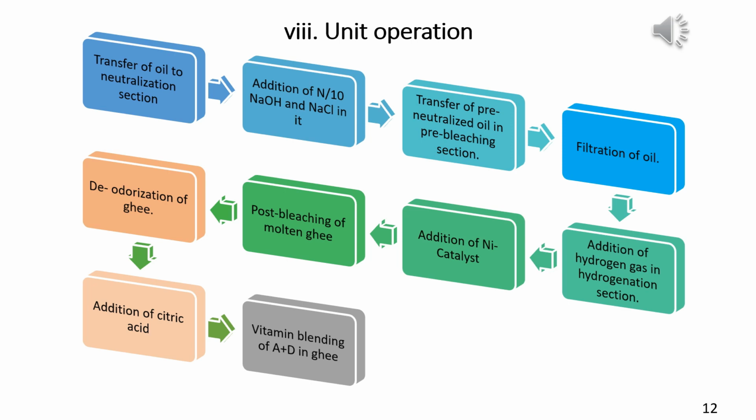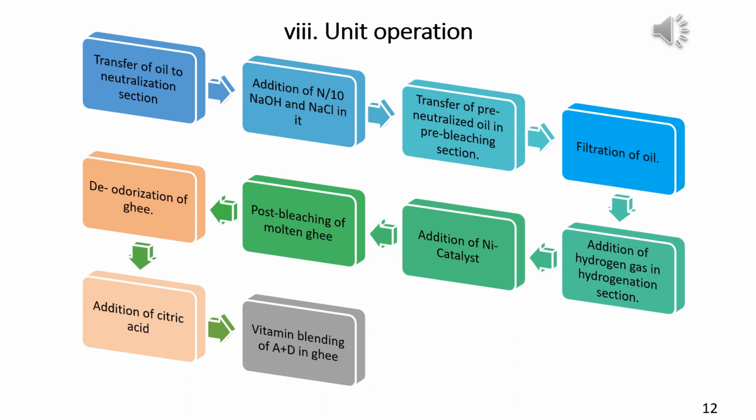So in the third process of unit operation, the transfer of pre-neutralized oil to the pre-bleaching section will take place. After this section, the oil will be transferred for filtration.